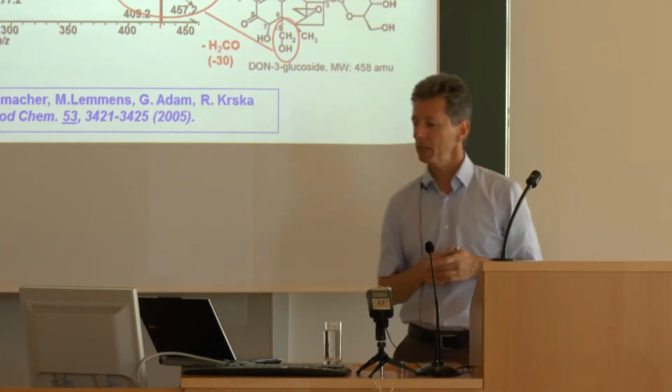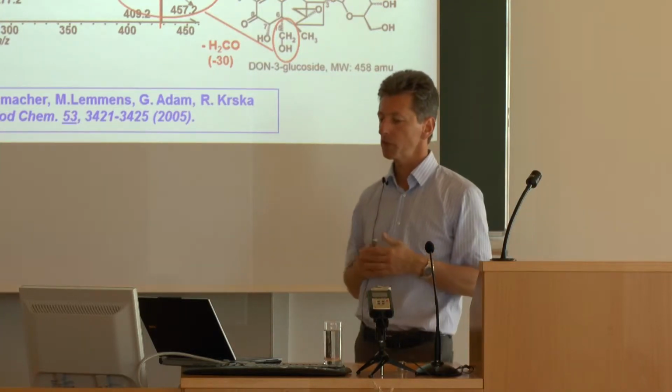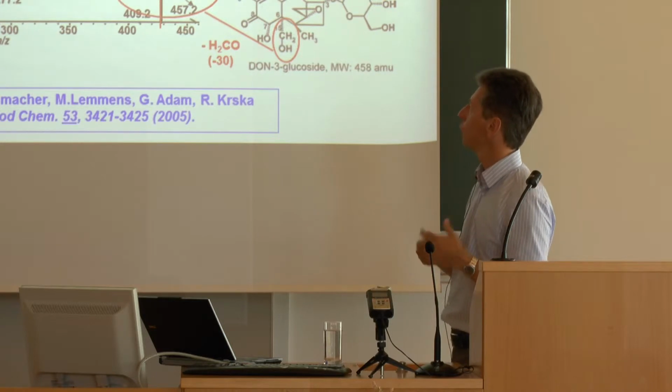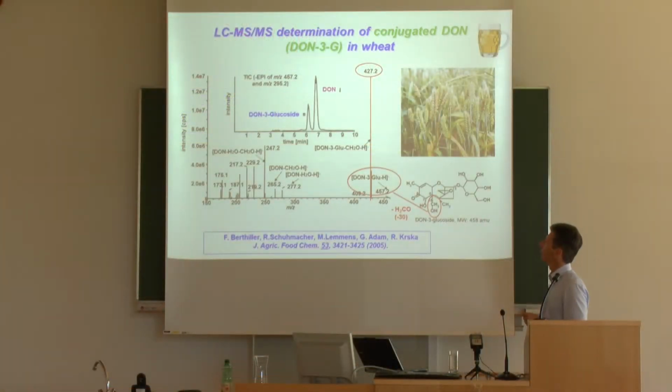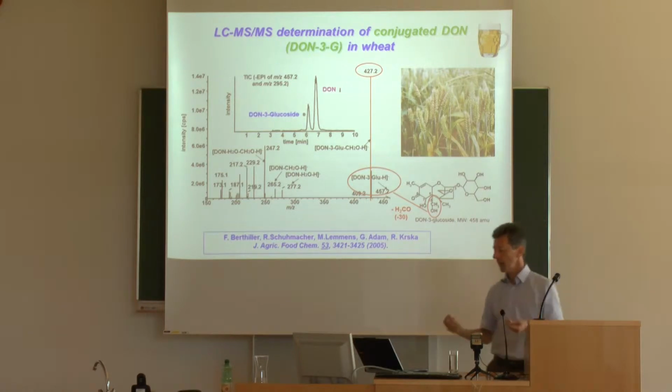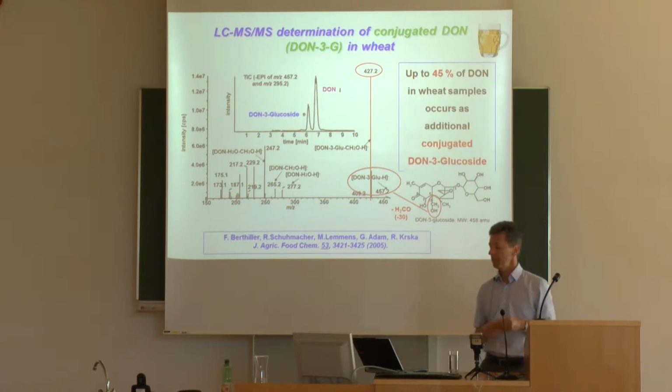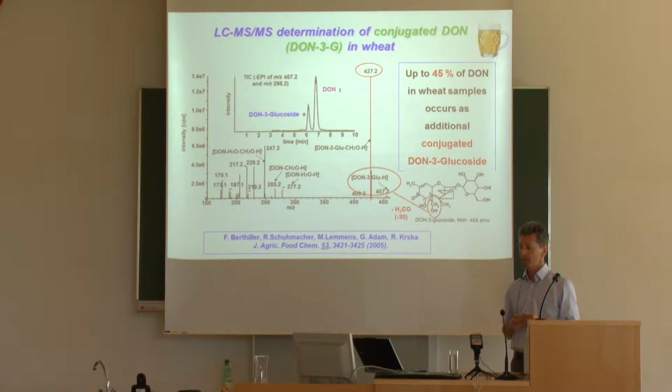Some unexpected findings are possible, as for instance with so-called masked mycotoxins, where the bondage of deoxynivalenol to glucoside, which I've already presented in my previous slide, was for the first time detectable in Franz Berthiller's PhD thesis.